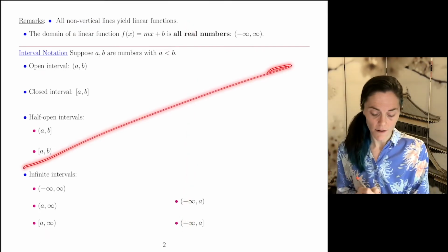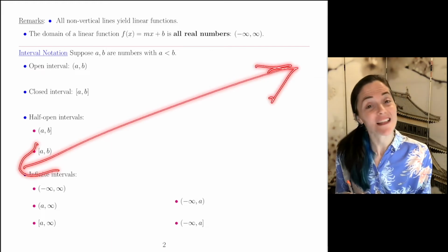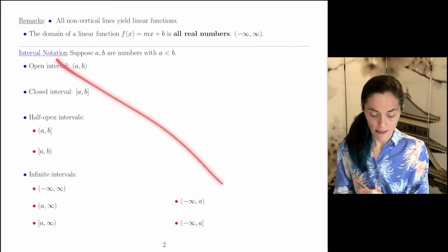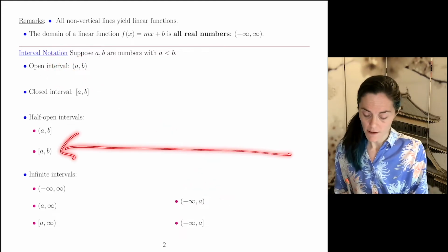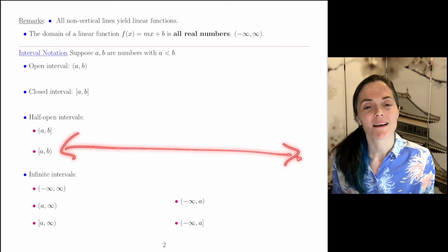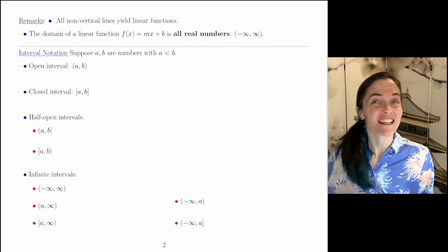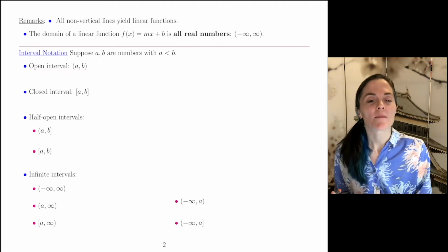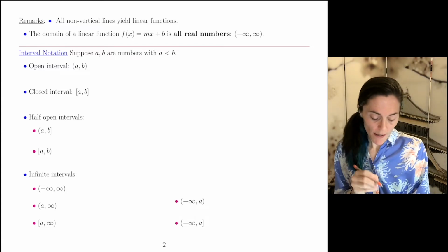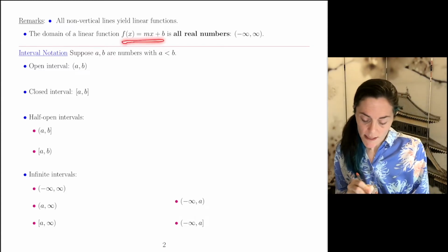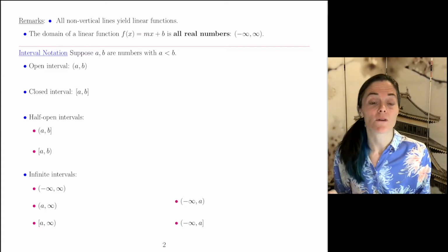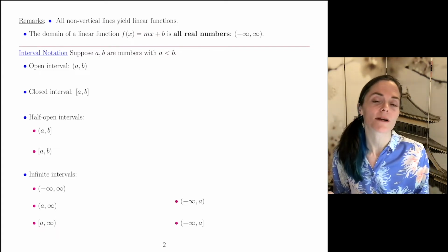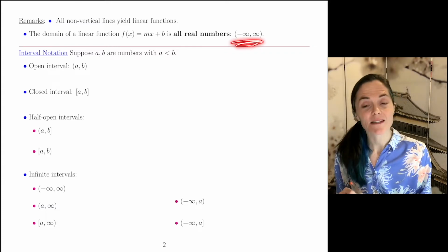But any other line, one with positive slope, or negative slope, or even a horizontal line that has 0 slope, these all pass the vertical line test. So that is my first remark. And the second one, we were using this function notation last time. The domain of this linear function is all real numbers, which is minus infinity to infinity.